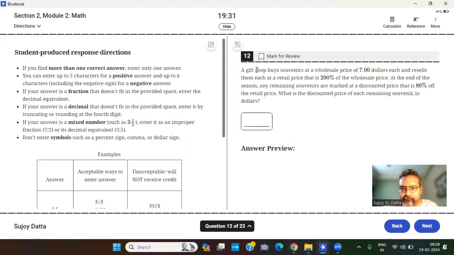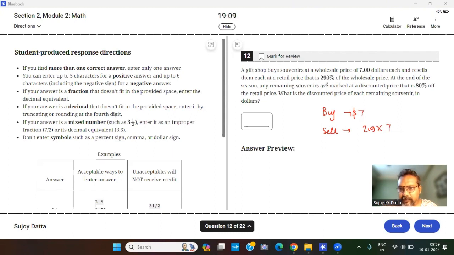Next, a gift shop buys souvenirs at a wholesale price of $7 each, and resells them at a retail price that is 290% of the wholesale price. So buy at $7, sell at 2.9, so 290 over 100 times 7. So 2.9 times 7.